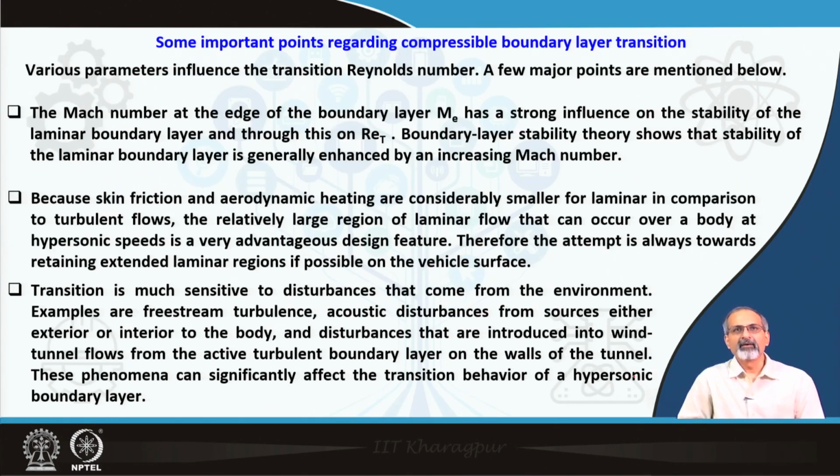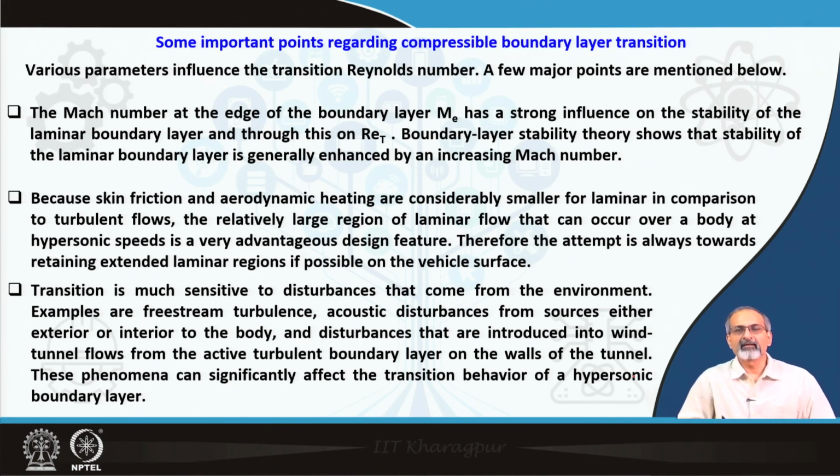But again, we need to have some appreciation about this, because the flow on any kind of vehicle that we are talking about in this regime would see mixed laminar as well as turbulent flows existing, and transition lies in the boundary.